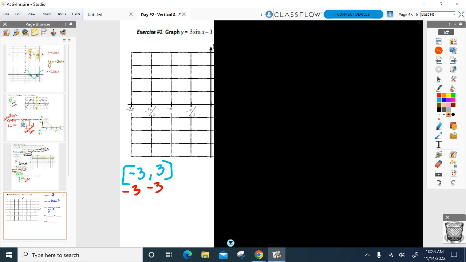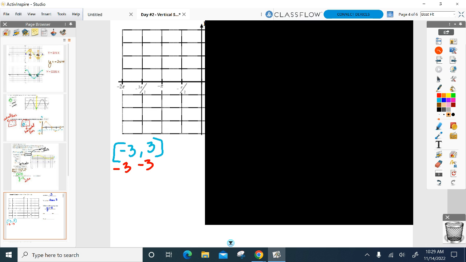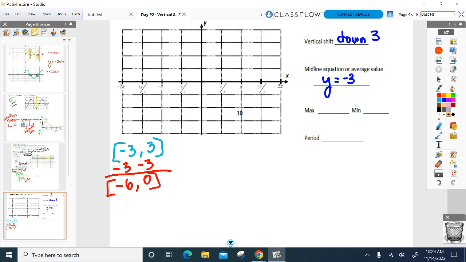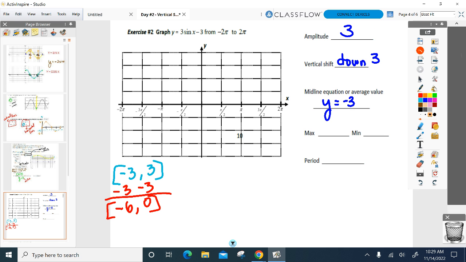Everyone see where I'm going there? All right, so now you tell me, Aaron, keep going. What's my new minimum? -6. And my new max, it seems strange to say this, but it's my new max, which is 0. So what I'd like you to do is take the old min and max before you shifted, and then apply the shift.